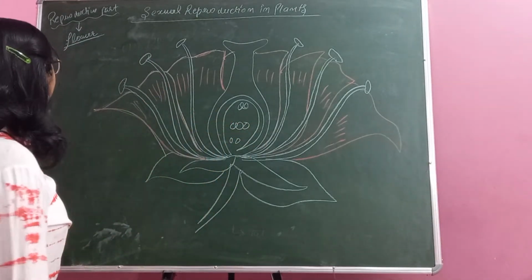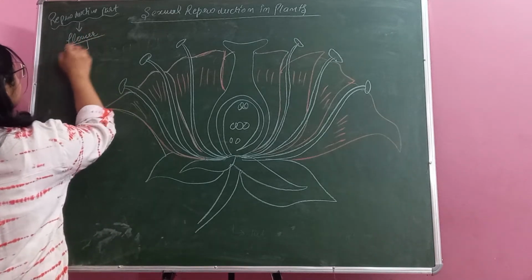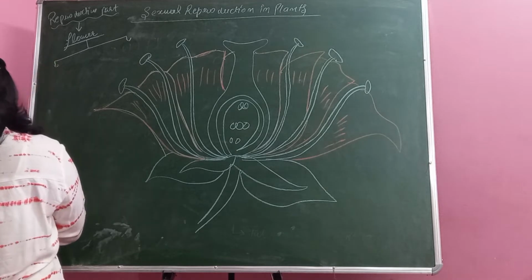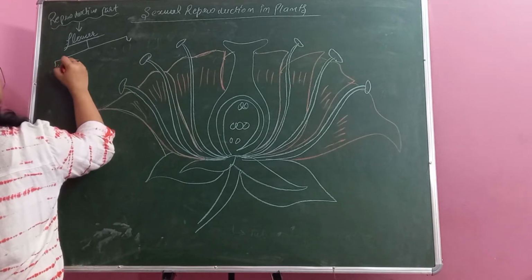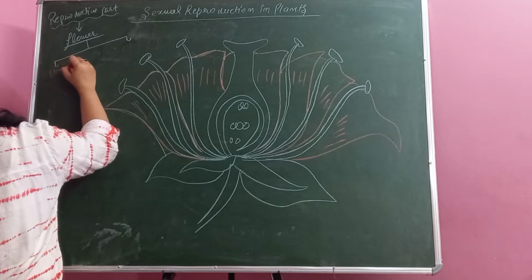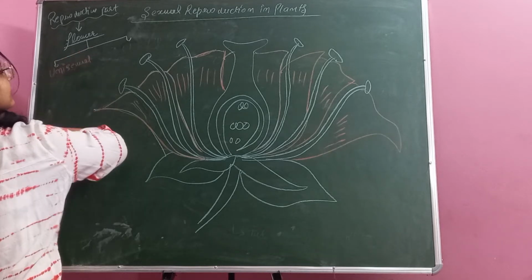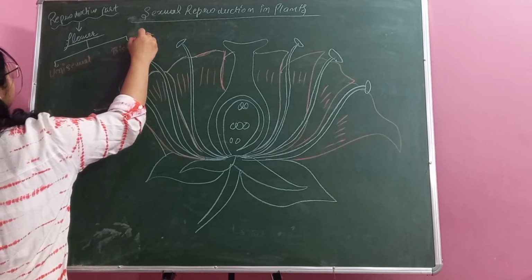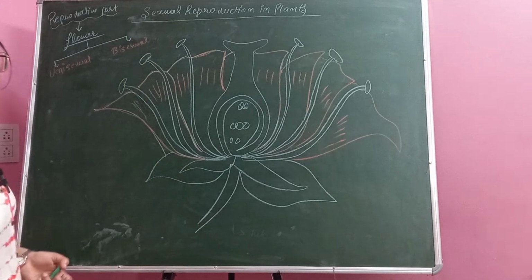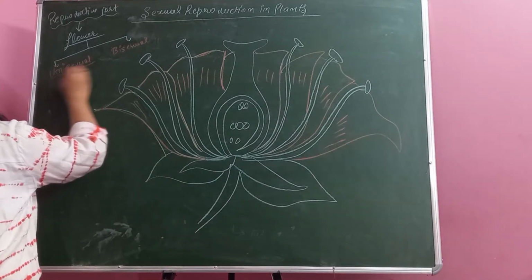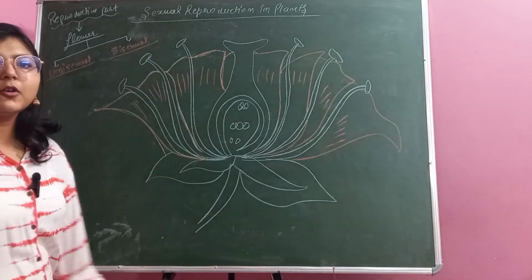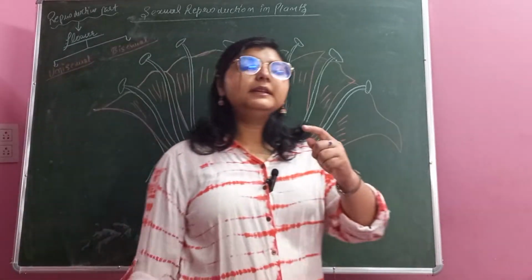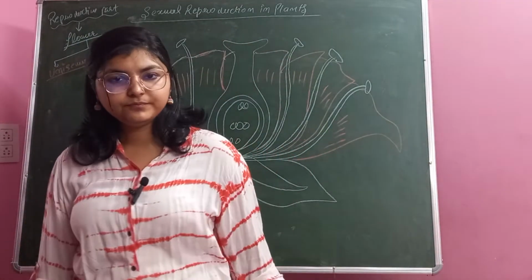Okay, so the flower can be classified into two categories. First is unisexual flower, and another category is bisexual flower. What is so special about them is the presence of the reproductive part in them.